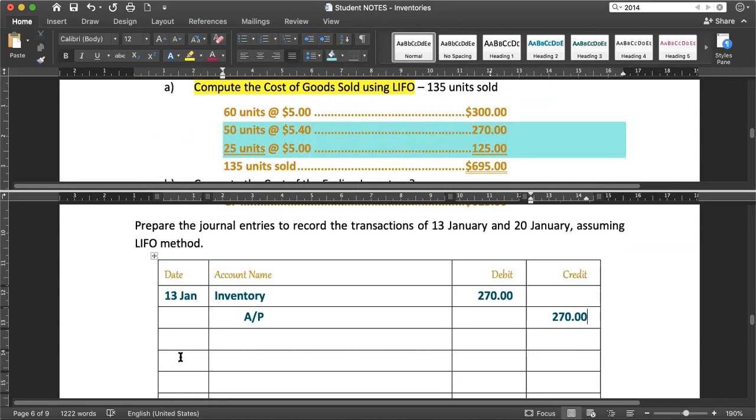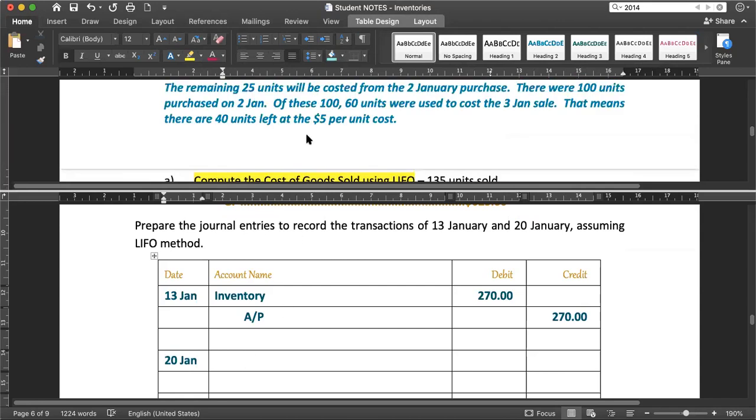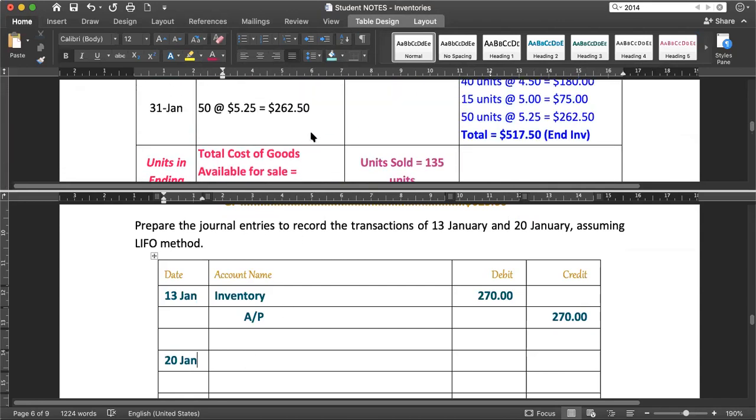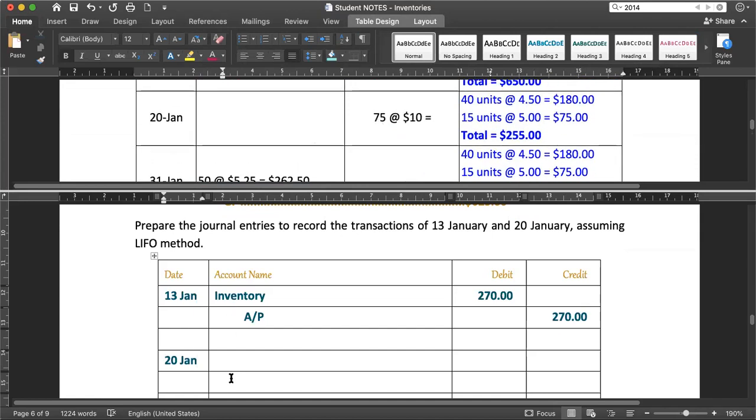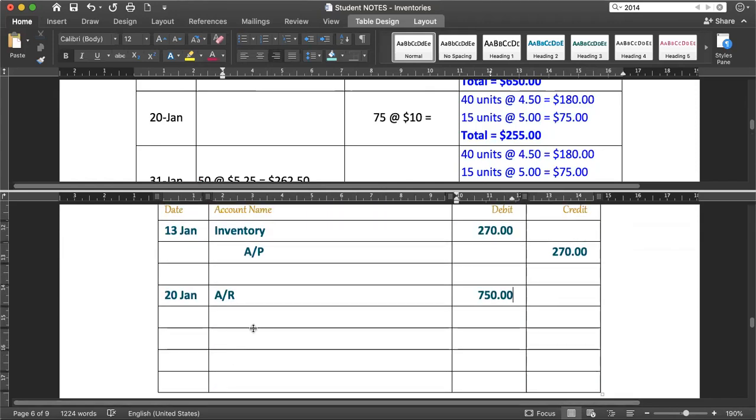So again, 20th of January, they sold 75 units. They would have accounts receivable for $750, and then we have a credit to sales or revenues, $750.